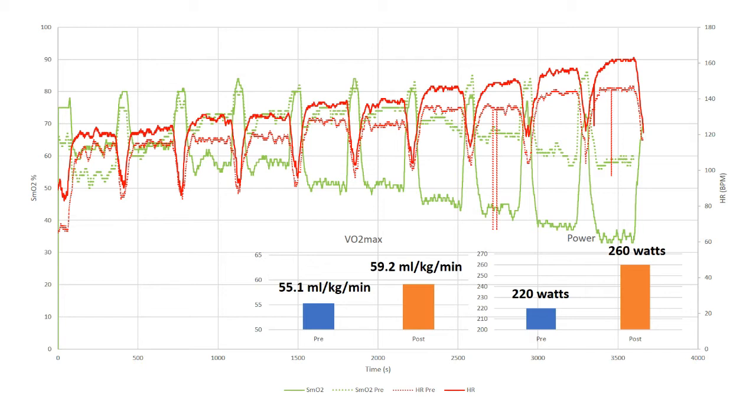It's pretty nice. And power goes up by 40 watts. It's about a 15% increase. It's also pretty nice. We were pretty happy with all that. And we see that the change in VO2 can be nicely explained by the data that we're presenting on the screen, by the muscle oxygenation data.